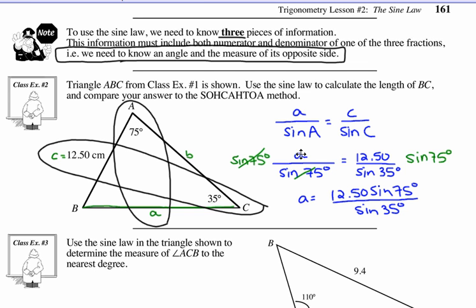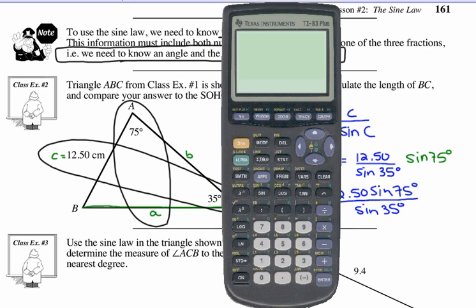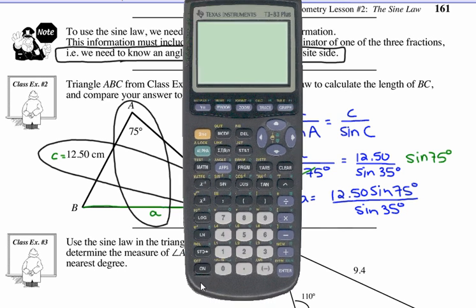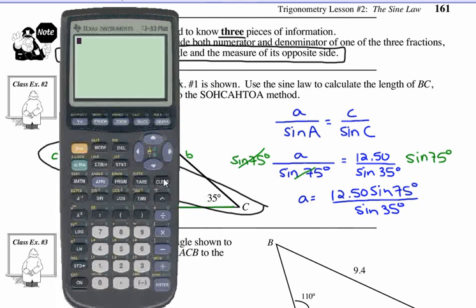So with your calculator, make sure you're in degree mode. Remember how to check to see if you're in degree mode. We push tan 45 and it should equal 1. So typing this in, I have 12.5 times sine 75 divided by sine 35. And that's that easy. So 21.05.